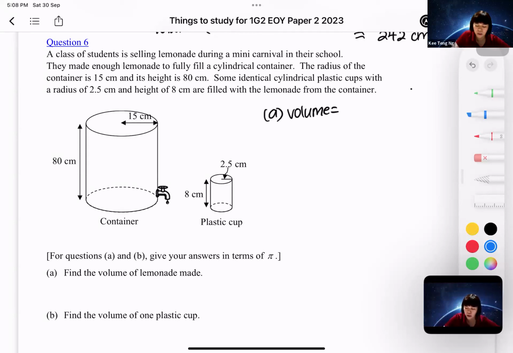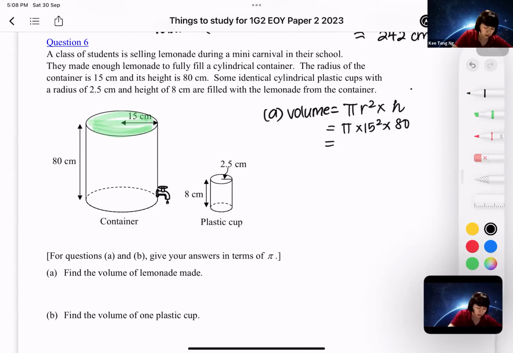The base area is the shape of a circle, so base area will be pi r squared times the height, which is 80. They gave me the radius is 15 and the height is 80. So we plug in our numbers: pi times 15 squared times 80.